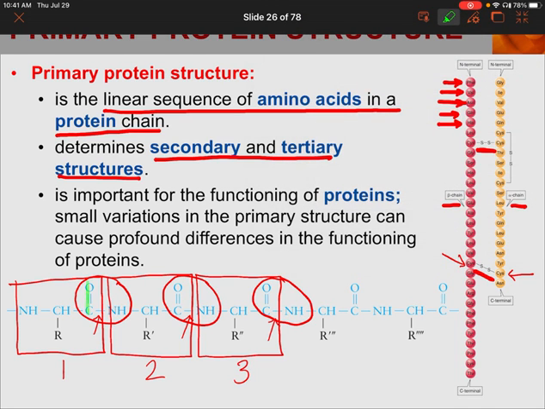So the carbonyl group of one amino acid is going to form a hydrogen bond with the hydrogen on a nitrogen that's 4 amino acids away. I think I did that right. So we're going to form a hydrogen bond between the carbonyl group of one amino acid and then the nitrogen on another amino acid. So the amide groups are forming a hydrogen bond.